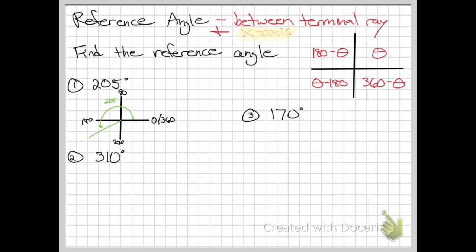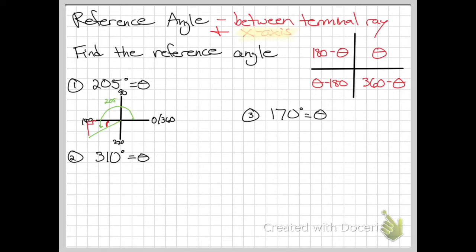Then I connect it with the x-axis to make a right triangle, and the angle is in here between the x-axis and our hypotenuse. So this is why when you're in quadrant 3, you can see the formula on the side. It's theta minus 180. Remember, the number we give you is theta. Theta equals 205.